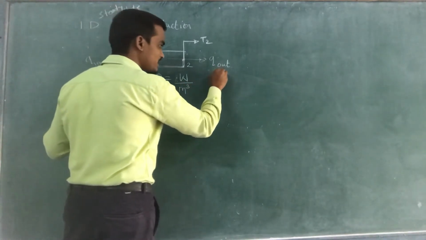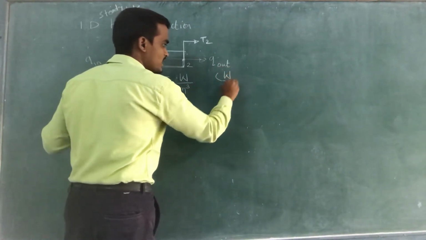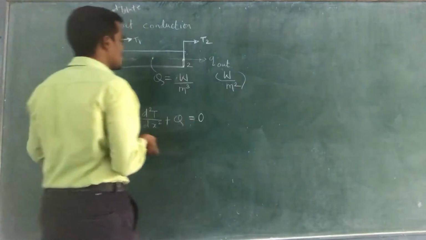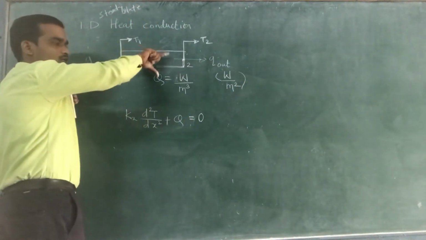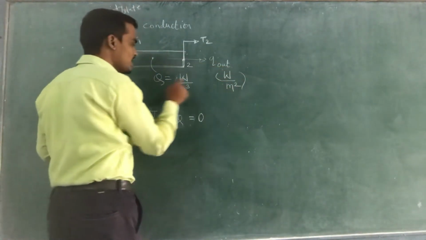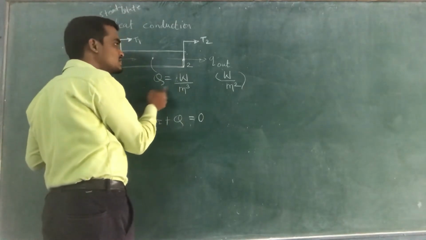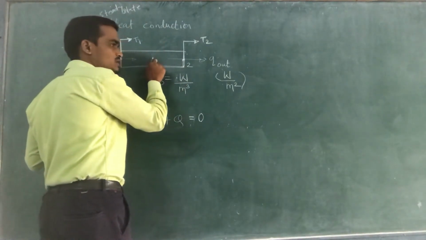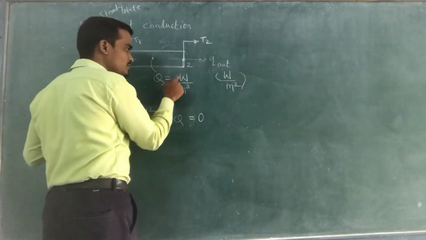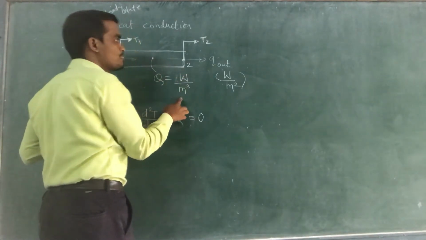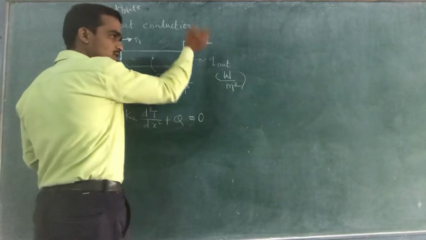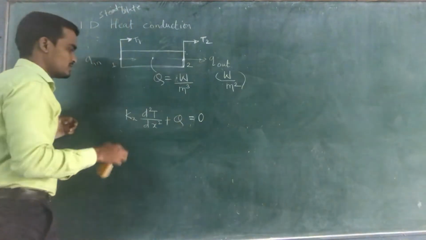Qin or Qout is given in watt per meter square, because it is going through this area. And this capital Q is the heat generated inside the volume, so that's why the unit is watt per meter cube. And this T1 and T2 are the temperatures we need to determine.